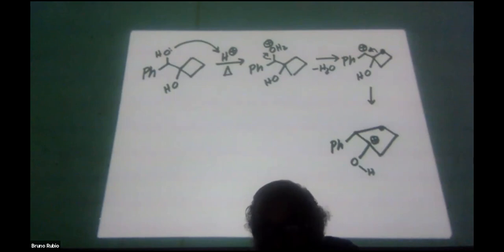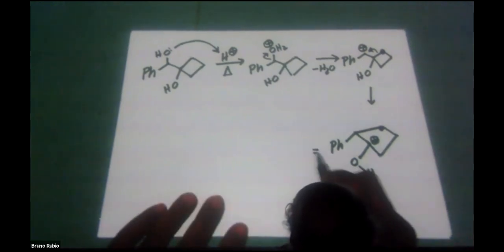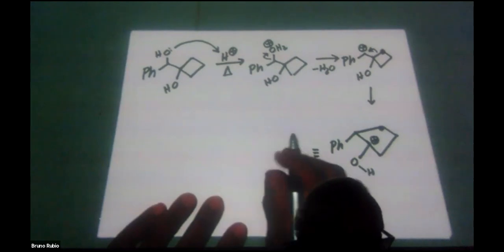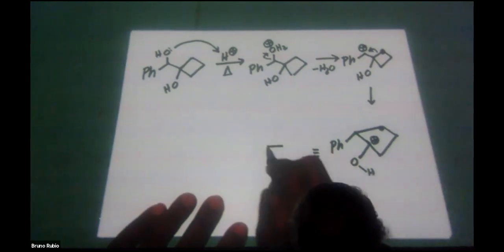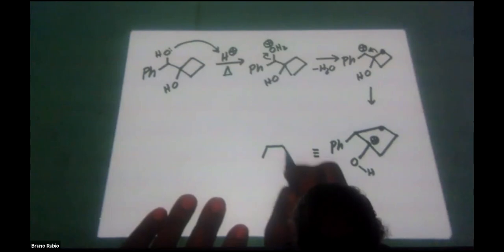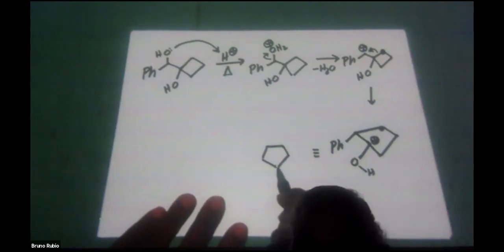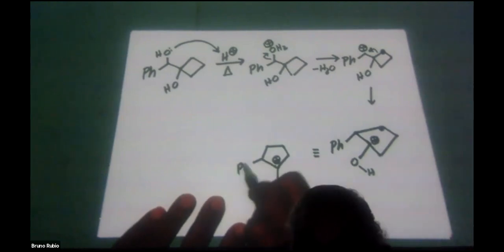It's a 1, 2, 3, 4, 5-membered ring, resonance stabilized. That's an equal sign. This is a 5-membered ring. Put OH down here, put the positive charge there, put phenyl over here.